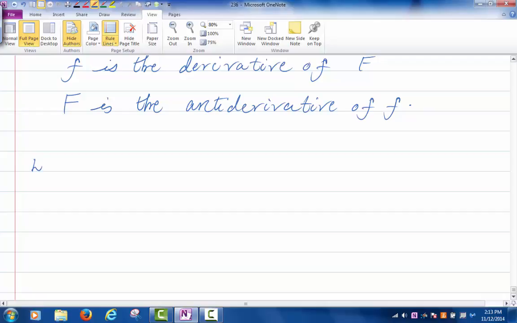Let's say I have the function f of x, lowercase f, is the function x, okay? And I ask you to give me an antiderivative of this function. So give me a function whose derivative is x.